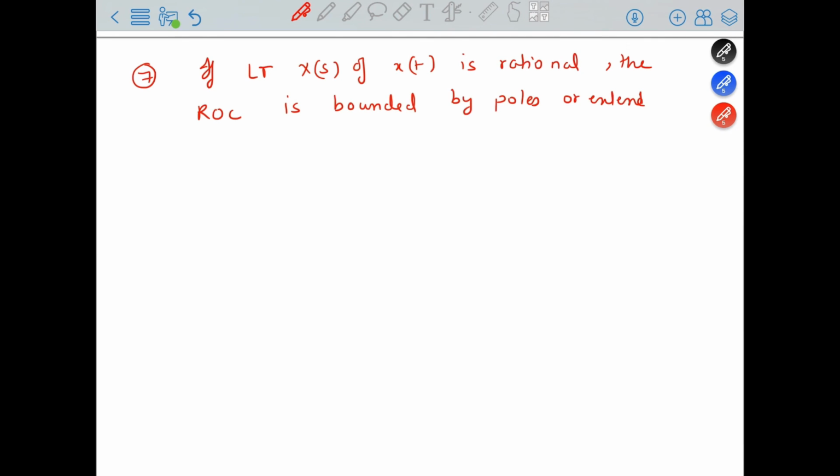This is quite intuitive. And we have already said that the pole will not be contained in that ROC. We have seen that at a pole, the value will go to infinity.